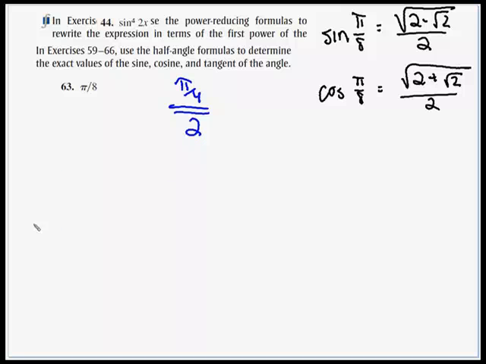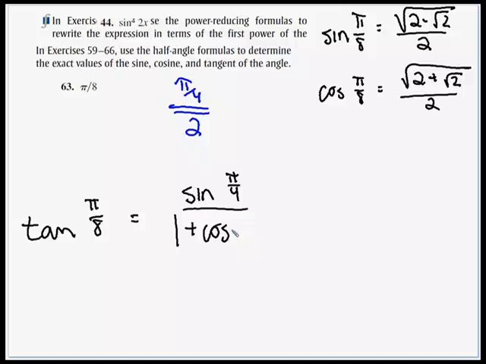And finally, tangent. The tangent of an eighth pi is equal to, our numerator is sine of a quarter pi, and our denominator is 1 plus the cos of a quarter pi.